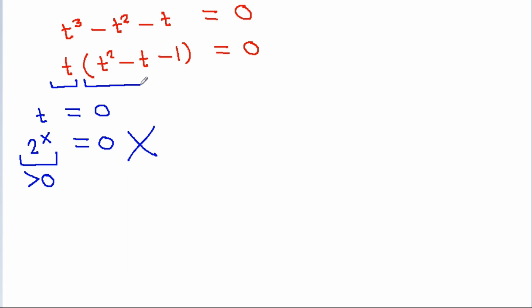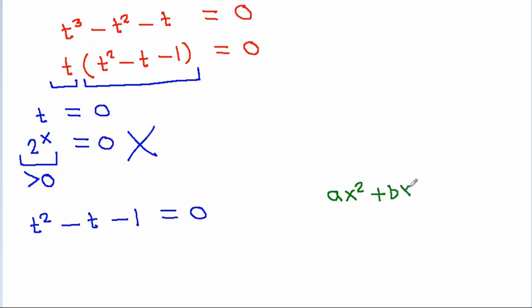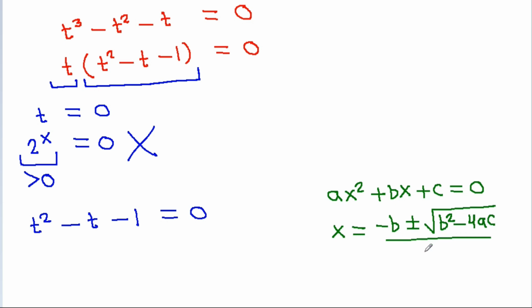And t² − t − 1 can be 0. For ax² + bx + c = 0, x is equal to (−b ± square root of (b² − 4ac)) by 2a.